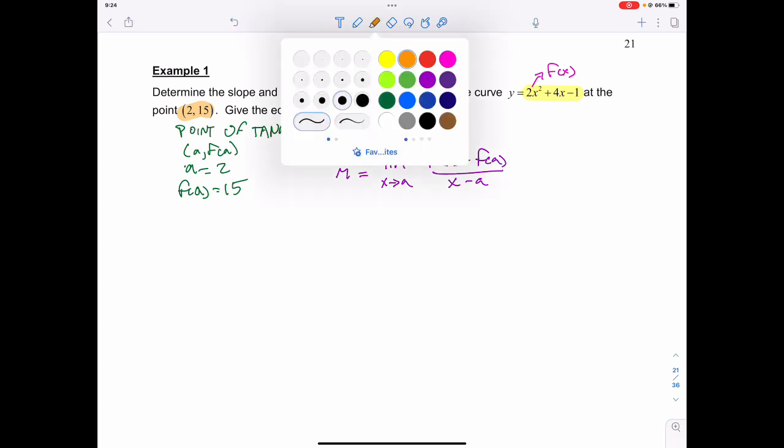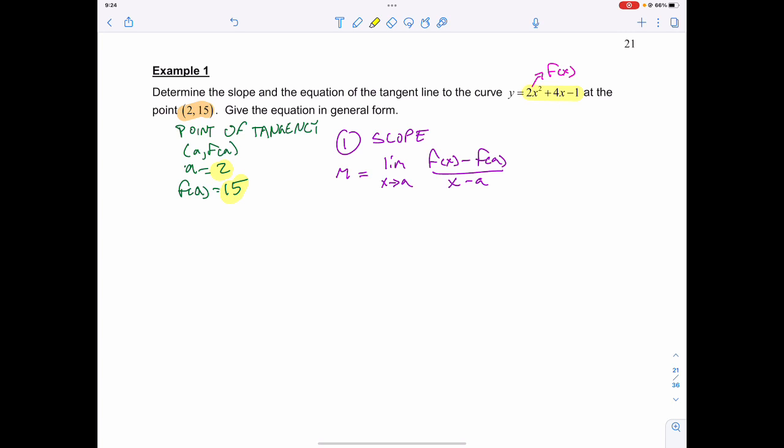At this point, we know we have a and f of a, so we can sub that into our formula, and we know the representation for f of x, so we can sub that in as well. What we get is the slope is equal to the limit as x approaches 2 of 2x squared plus 4x minus 1 minus f of a, which is just 15, all divided by x minus a, which is 2.